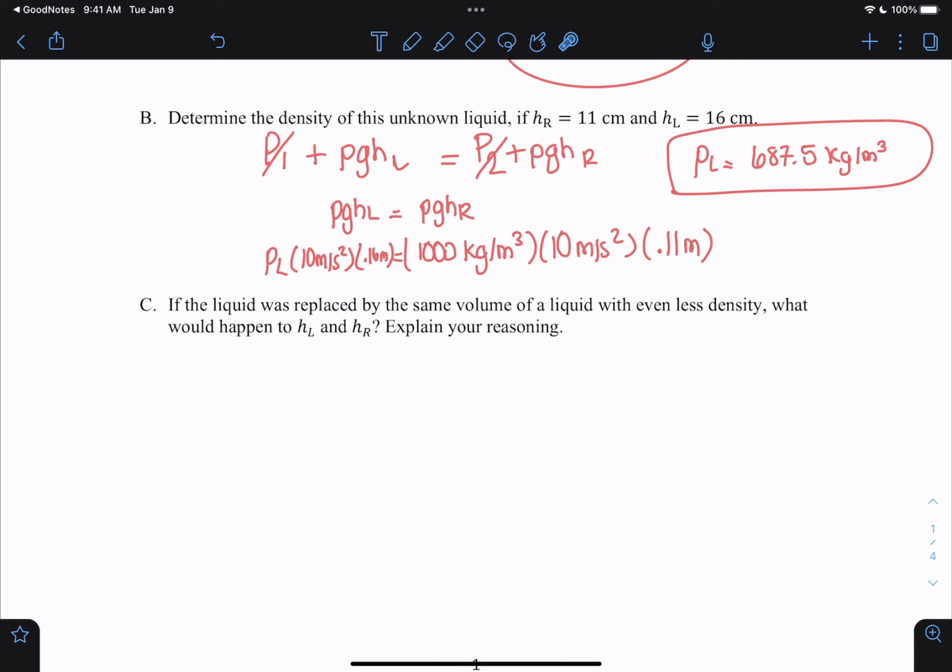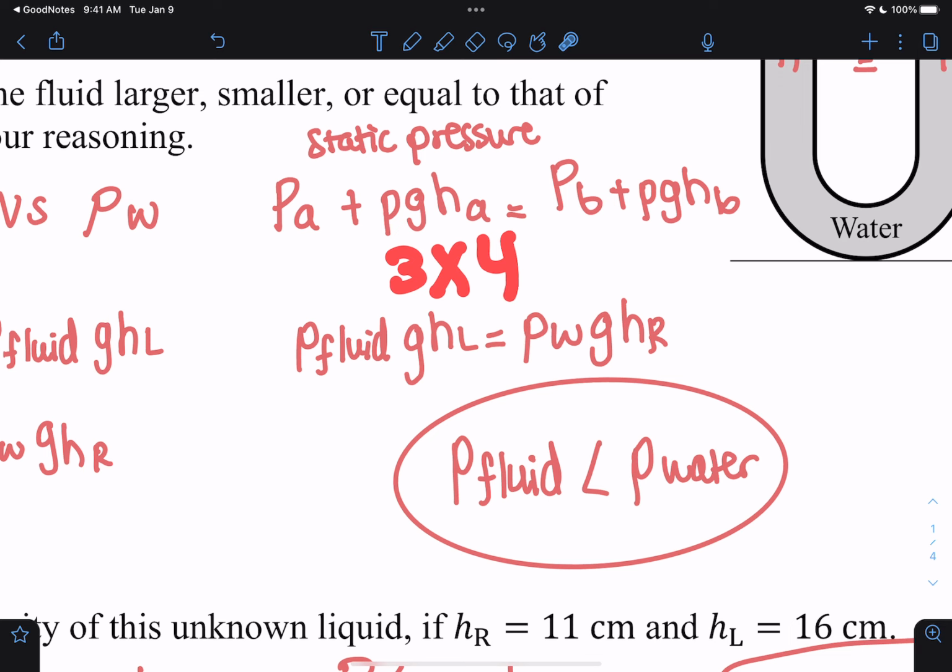So if we decrease the density of the liquid, gravity's constant. Let's say, if I did that math type problem, if this was 3 times 4, and now all of a sudden I want to make it 2 times 4, so I go from 12 to 8.